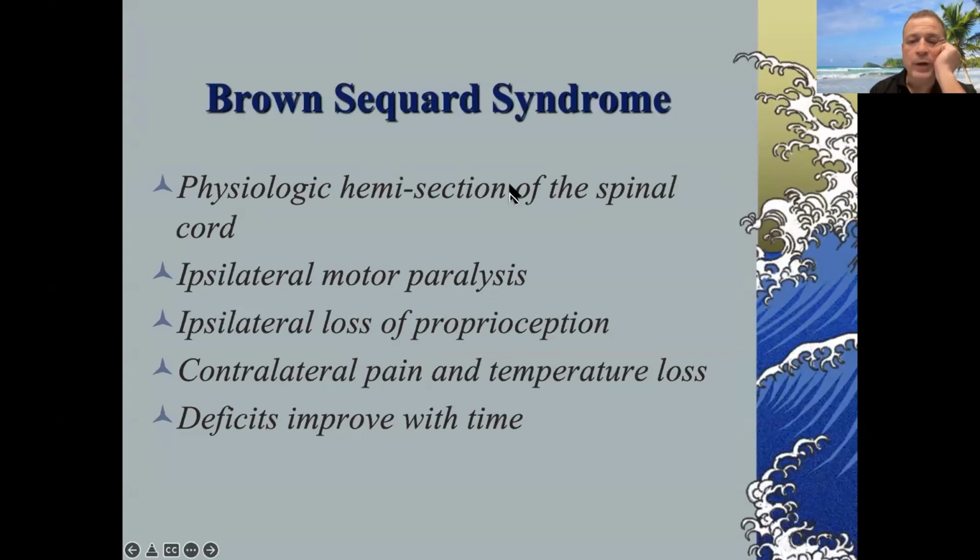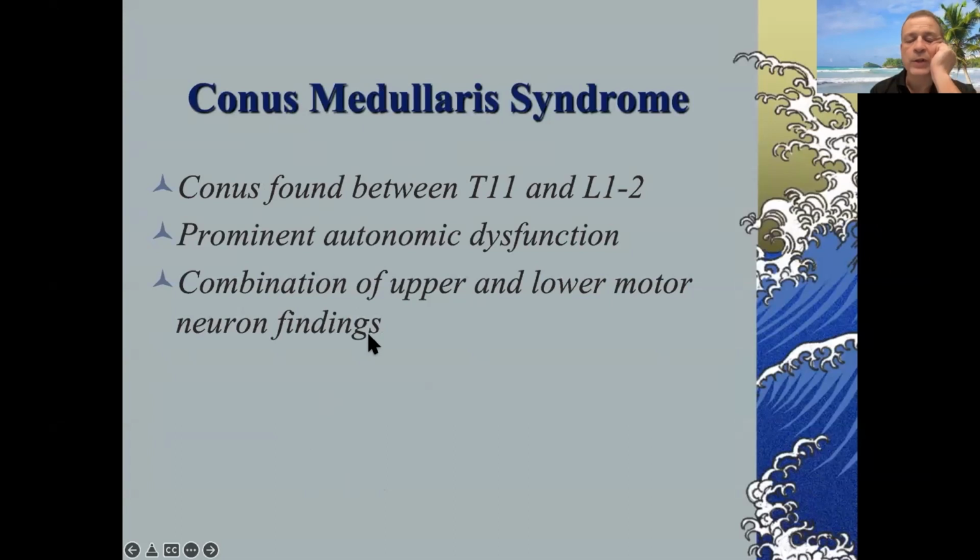So the Brown-Séquard syndrome we've already talked about. There's also conus medullaris syndrome, which involves the conus of the spinal cord, where you get prominent autonomic dysfunction because of injury to the conus, so loss of bowel and bladder function, and usually a combination of upper and lower motor neuron findings.